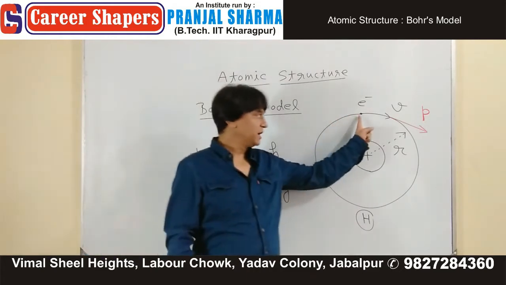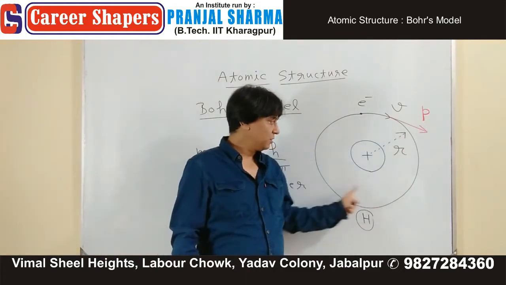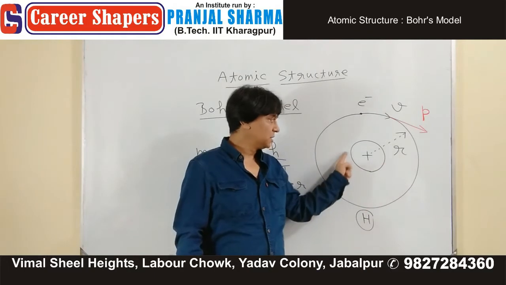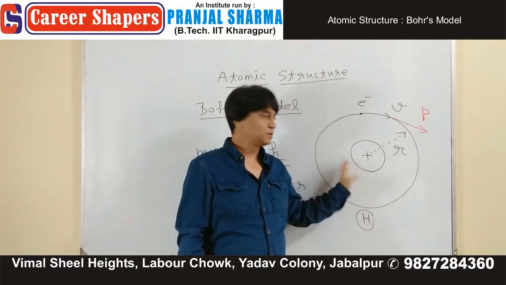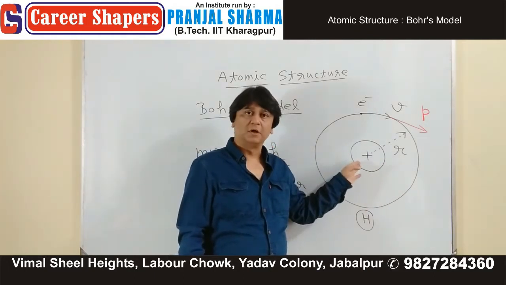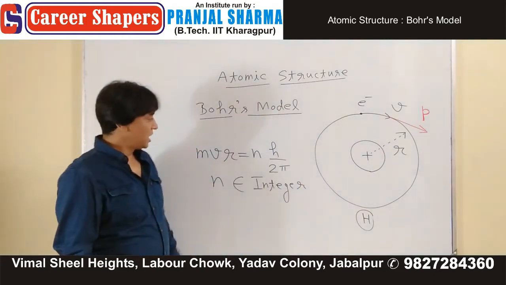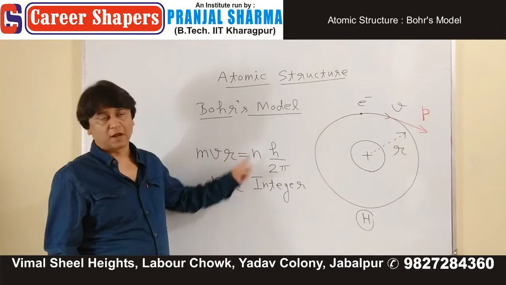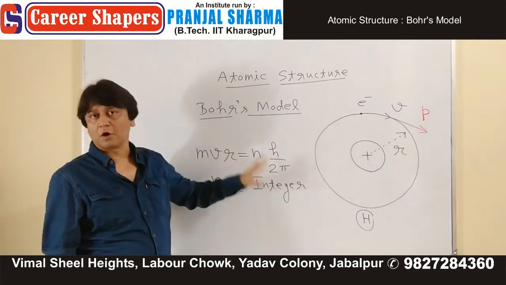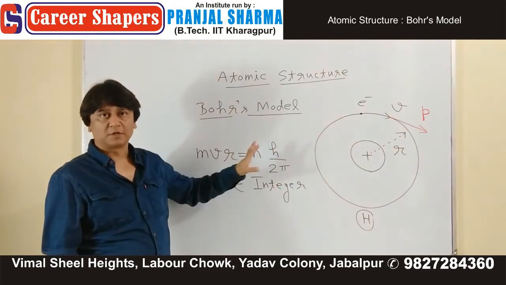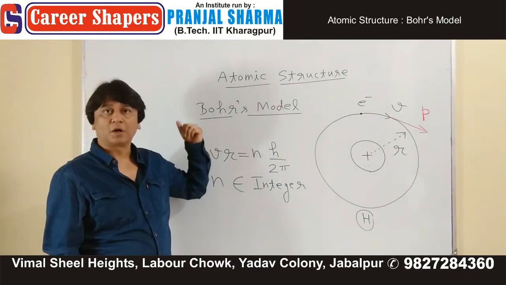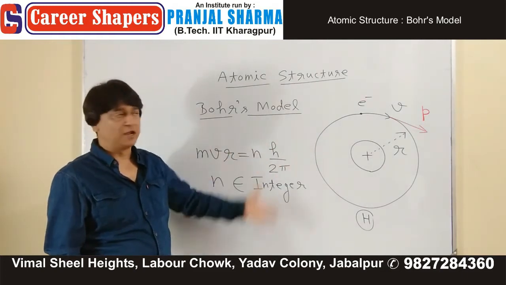And if energy decreases, then eventually, following a spiral path, it should collapse into the nucleus. But that doesn't happen. So Bohr says that if you satisfy this, then these circular orbits are stable orbits, and they will not emit any type of radiation.